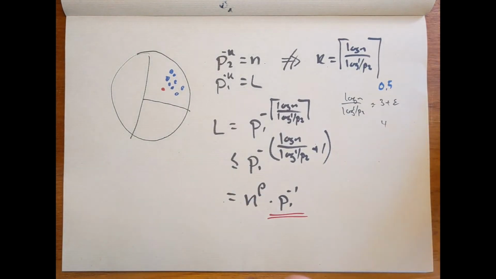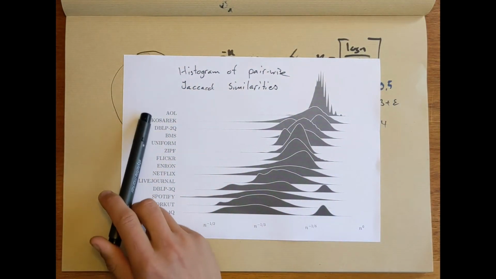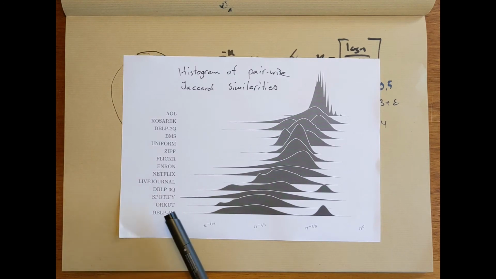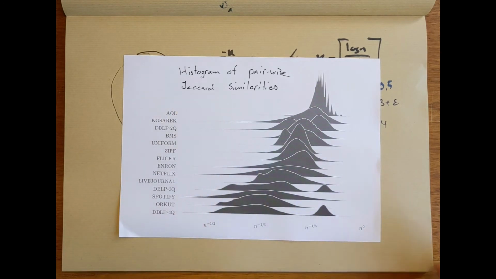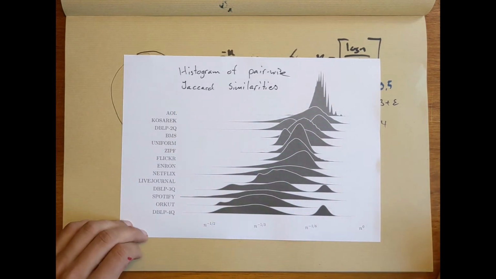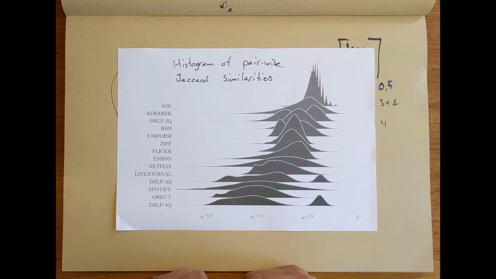But I did some experiments. In particular, I took these data sets from a big survey article about nearest neighbor search on the Jaccard similarity, which is a measure of similarity between sets. And I computed all the pairwise similarities.